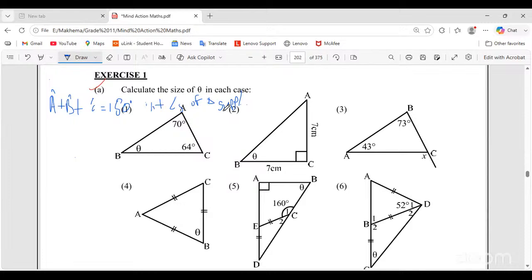What does complementary mean? Complementary means that they add up to 90 degrees. You need to be able to differentiate the two. Complementary, they add up to 90 degrees. Supplementary, they add up to 180 degrees. I hope you guys get the two.